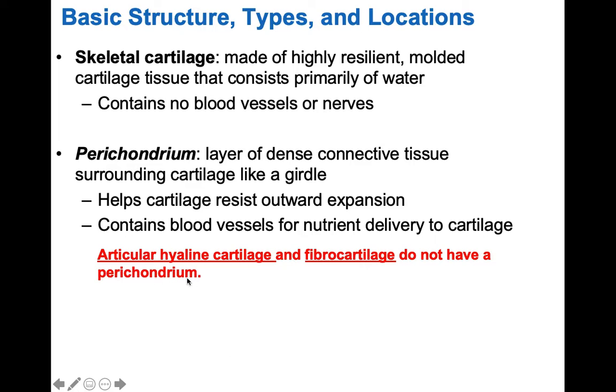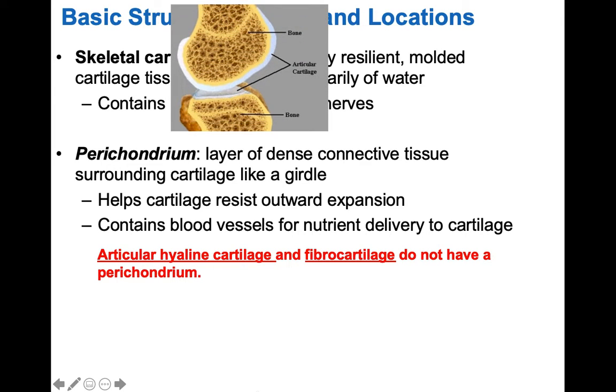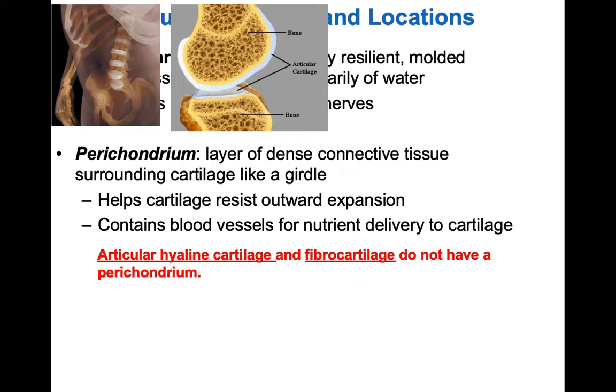So articular hyaline cartilage is just where movement takes place. So here in the knee, you have movement, so it doesn't make sense for you to have this thin layer or coat of dense connective tissue. Also, load-bearing fibrocartilage. They do not have a perichondrium, so make sure you make a note of that.